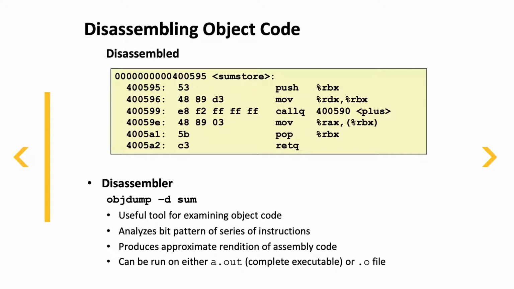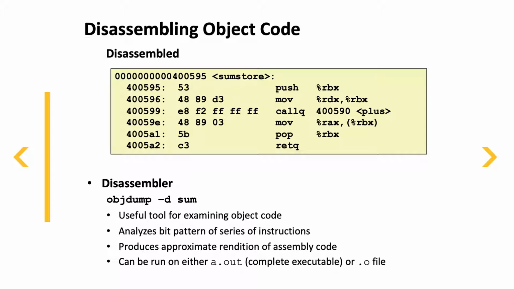Now, one really nice, handy tool that I would recommend playing with and getting familiar with is objdump. You can run this on either your complete executable or your .o file, and it analyzes the bit pattern of a series of instructions and produces an approximate rendition of the assembly code.